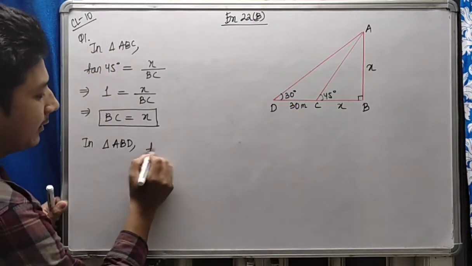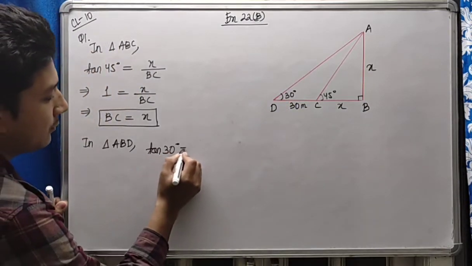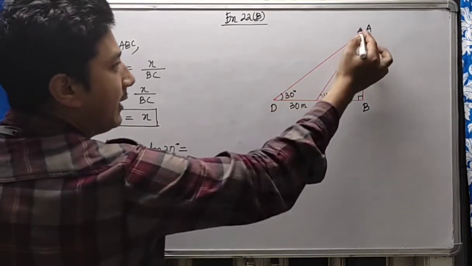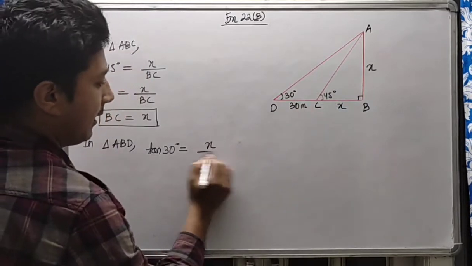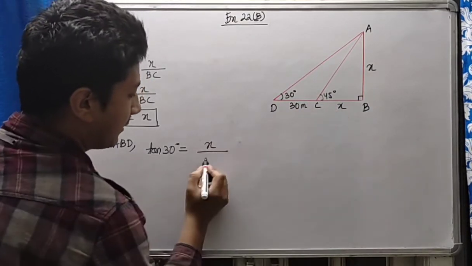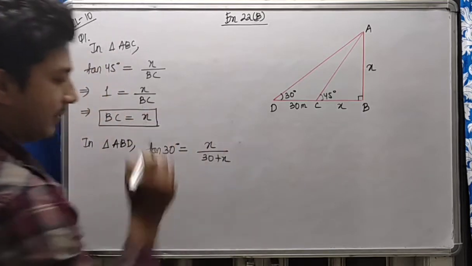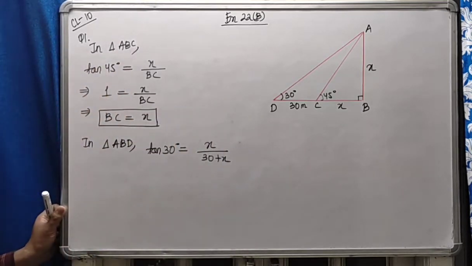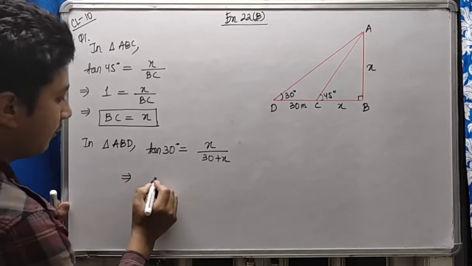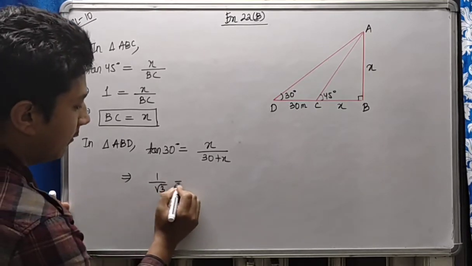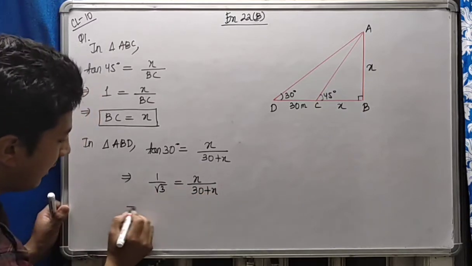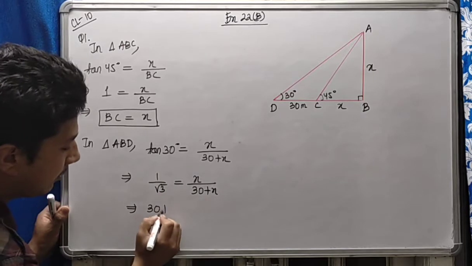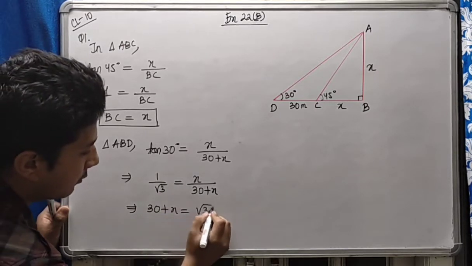So tan 30 degree equals perpendicular by base. Perpendicular means x again, and base means 30 plus x. Tan 30 is 1 by root 3, which is equal to x by 30 plus x. Let's cross multiply it. We will get 30 plus x is equal to root 3 x.